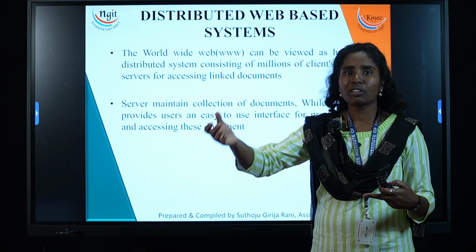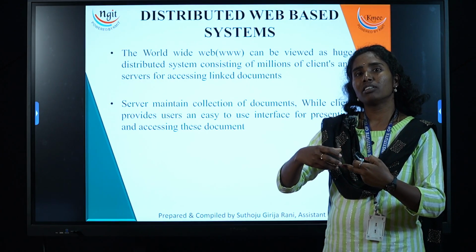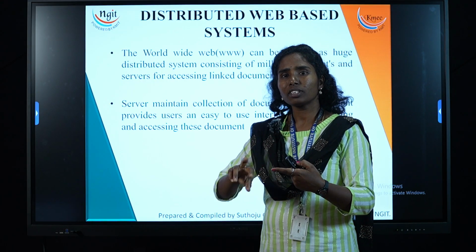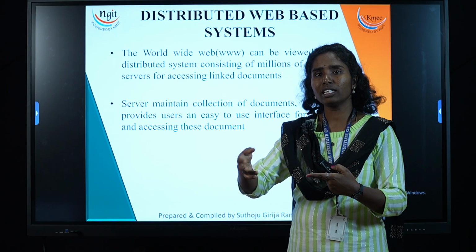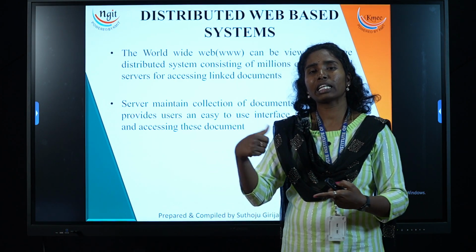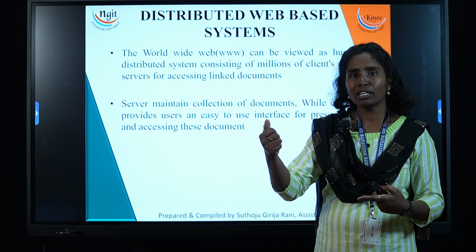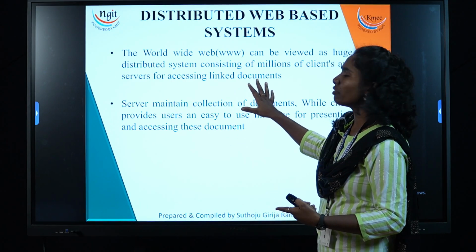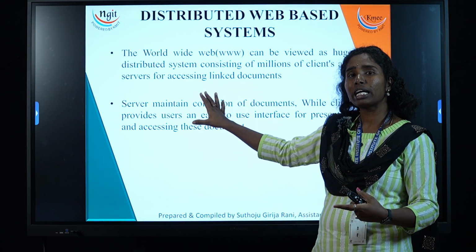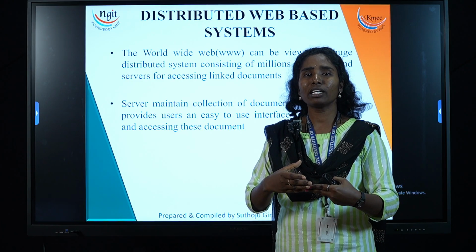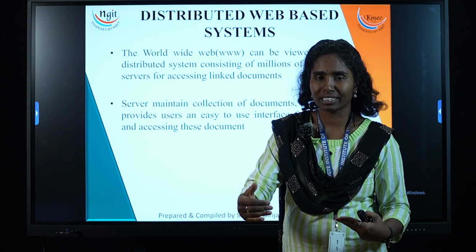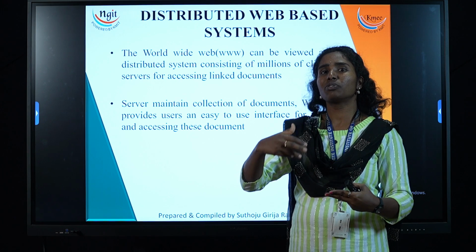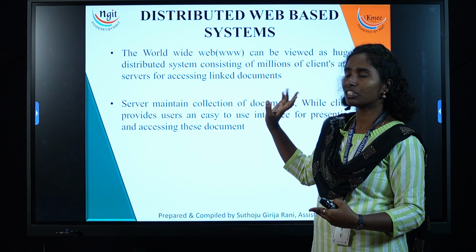From that server, the client must get a response to the request thrown by the client. The response will be some data from the server, right? So all this process will be taking place. At this moment, which document to be highlighted, which document to be accessed, all this we need to analyze in the web-based systems.